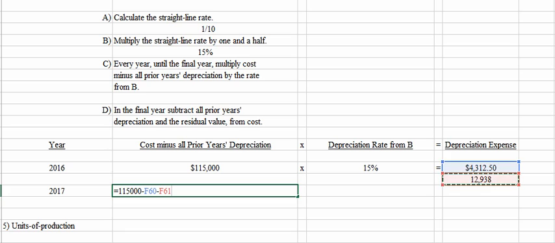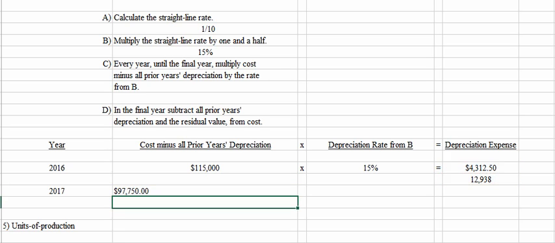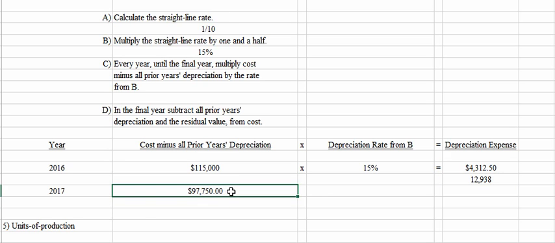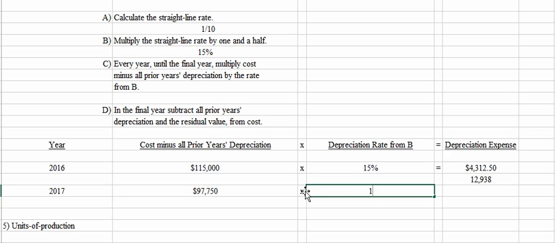Altogether, that's minus depreciation expense for year 1. And that gets us 97,750. Then we're going to multiply that by our rate, 15%.